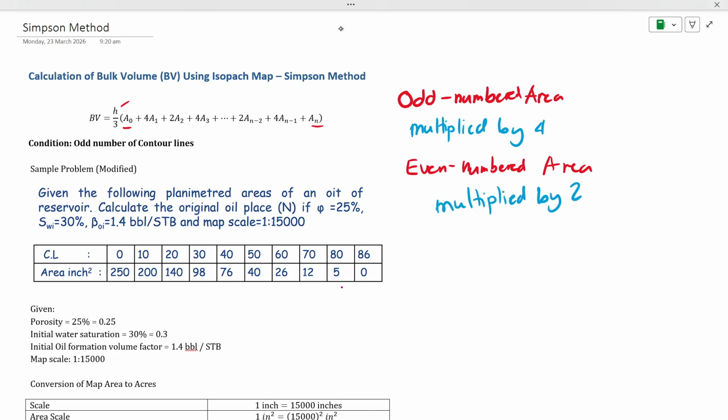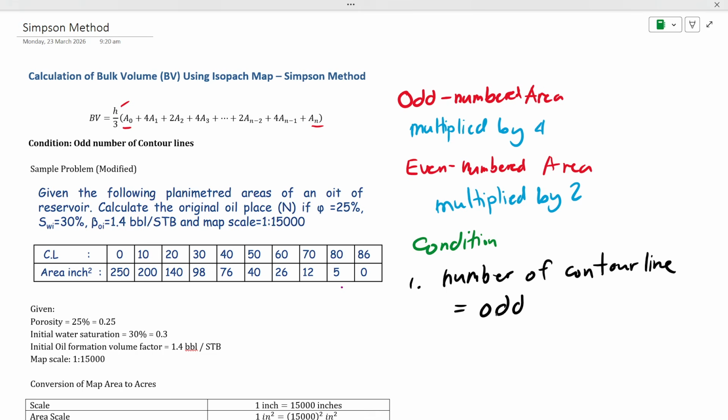Now, we already defined the parameters. The next step is to define the conditions for you to use this method. The first condition is that the number of contour lines should be odd: 1, 3, 5, 7, 9, and so on.